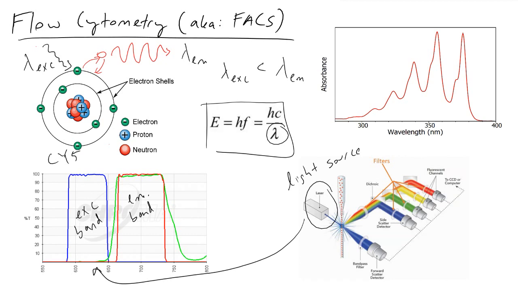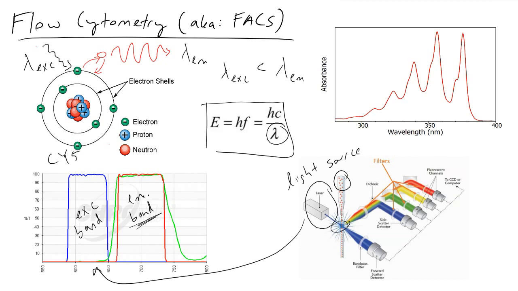So if our cells here, and these cells are the little red dots, had the Cy5 fluorophore on them, and they were bombarded by photons that were within the excitation band, what happens next here is that photons in the emission band, and these photons would have literally a different wavelength, and photons are light, so these photons would have a different color.